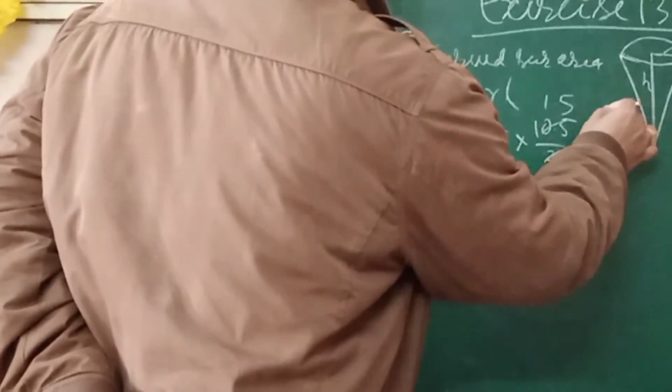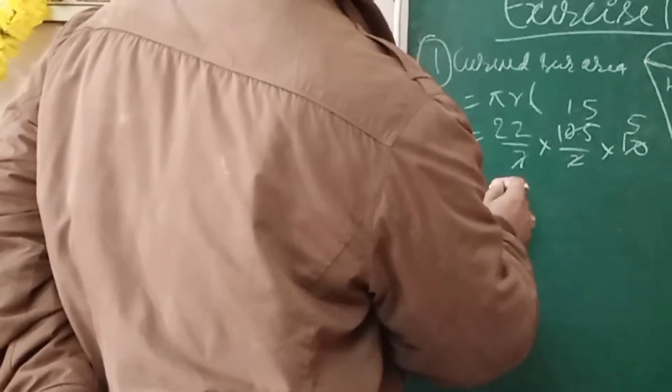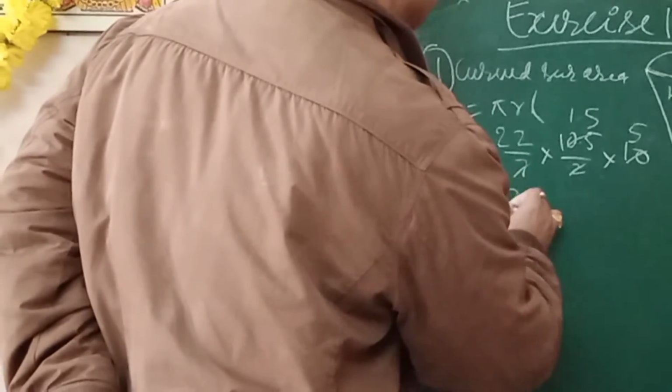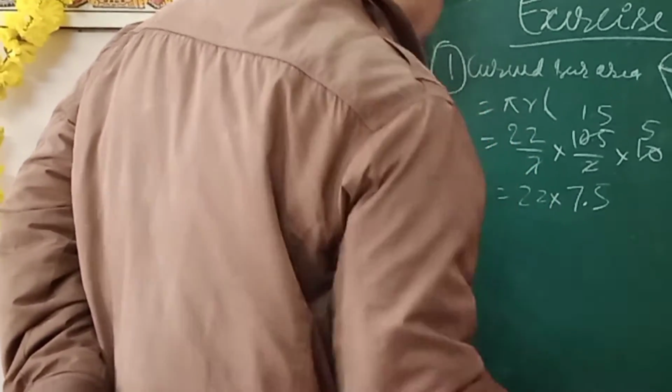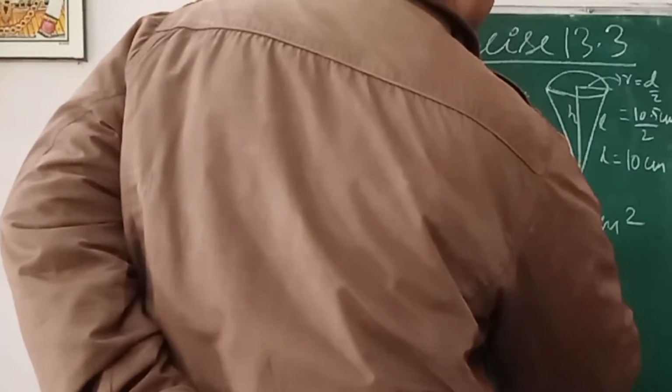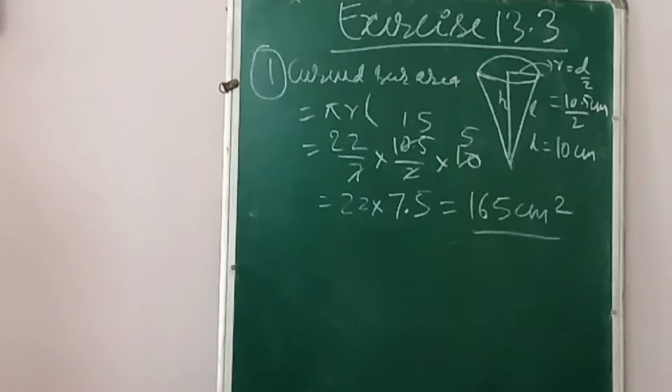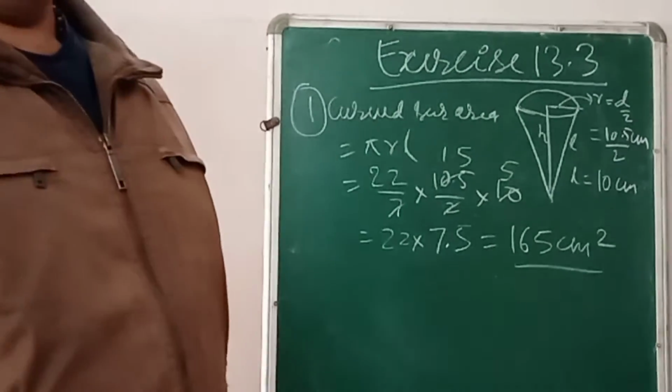This is 5. So this is 22 into 7.5, and upon calculating we will get 165 centimeter square. And this is about the first question.